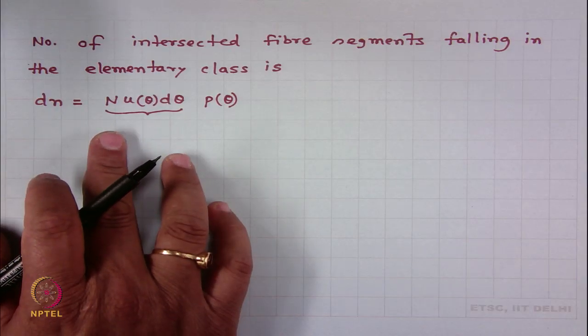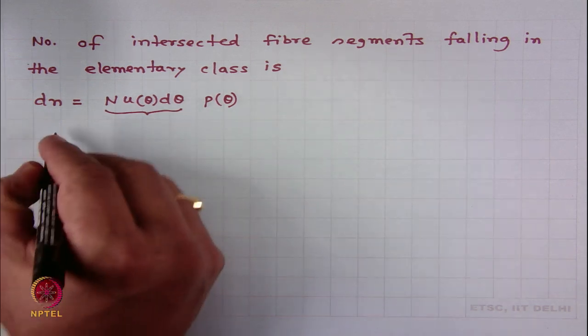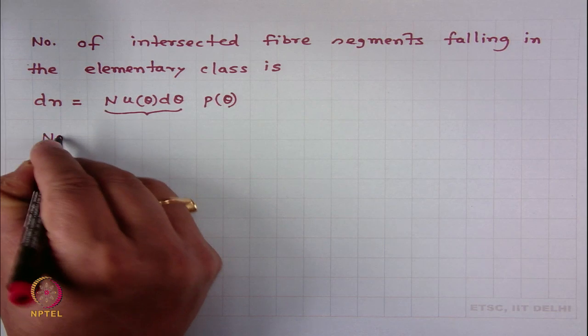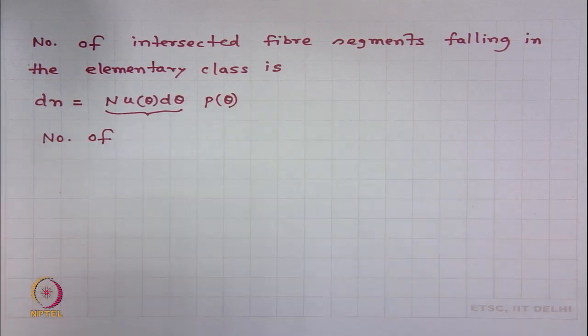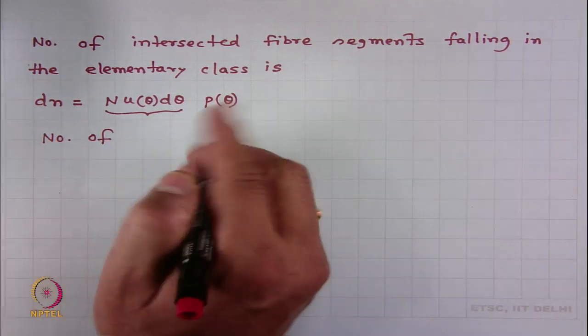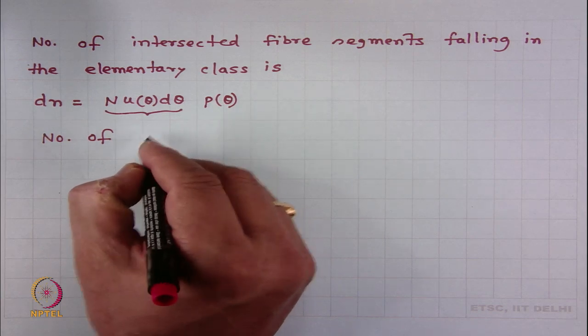Now, what is the total number of all intersected fiber segments? If we integrate it from theta is equal to 0 to theta is equal to pi by 2, we will find out the total number of intersected fiber segments in the assembly.